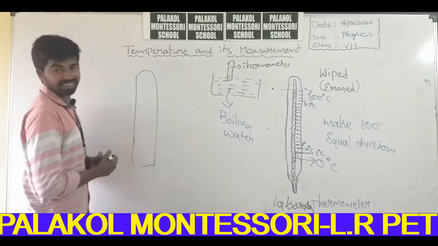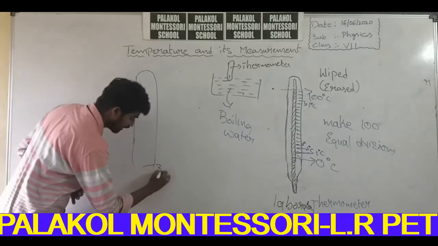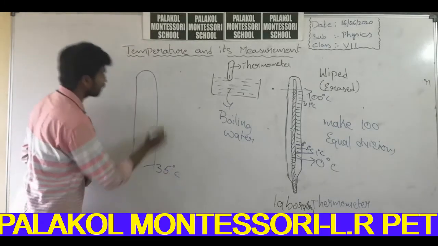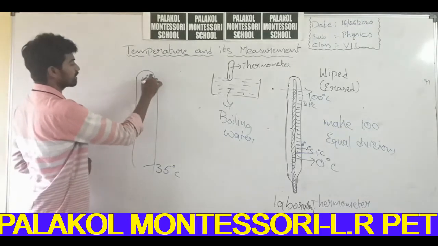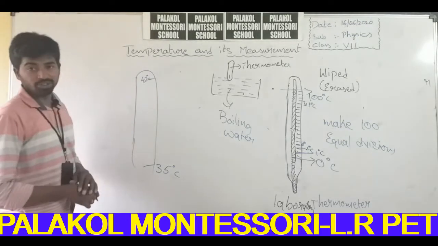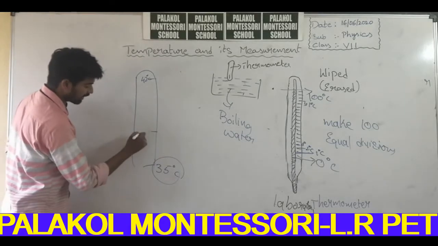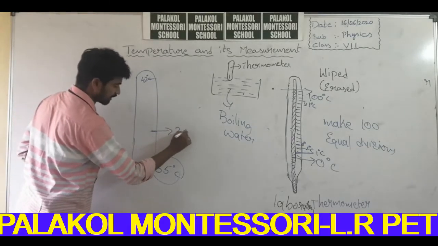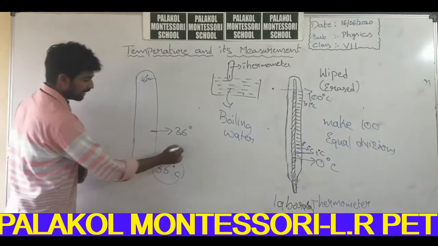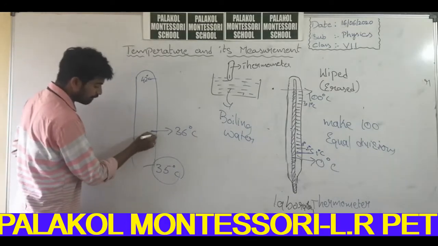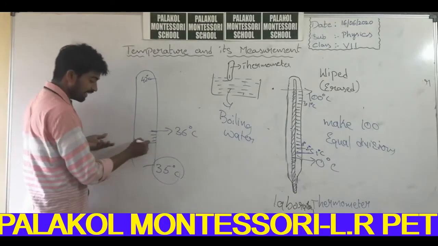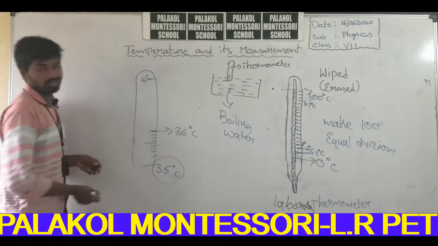On the centigrade scale, the reading starts from 35 degrees centigrade to 42 degrees centigrade. So, this is 35 and let us say this is 36. In between 35 and 36 there will be 10 divisions.